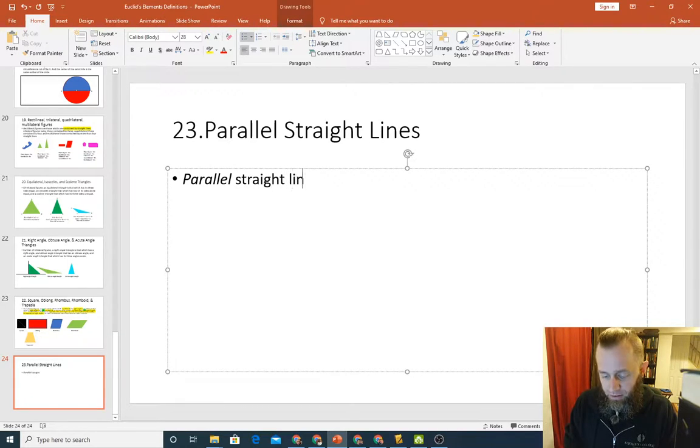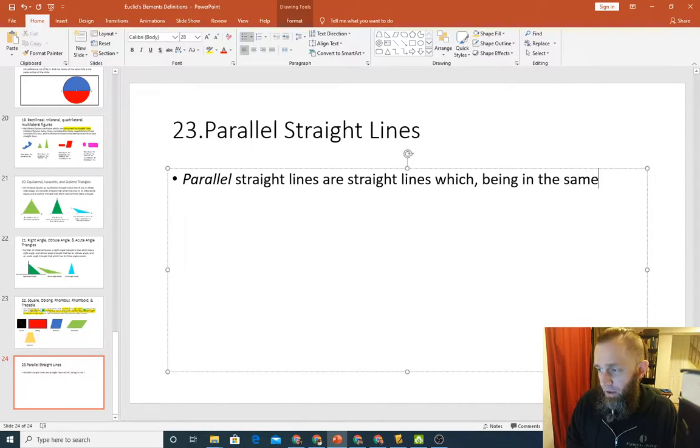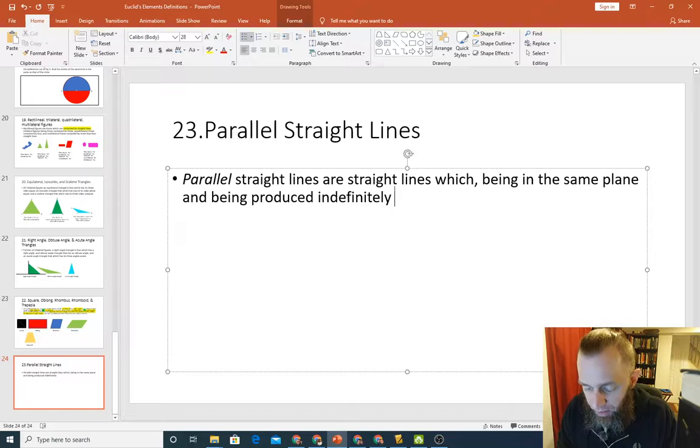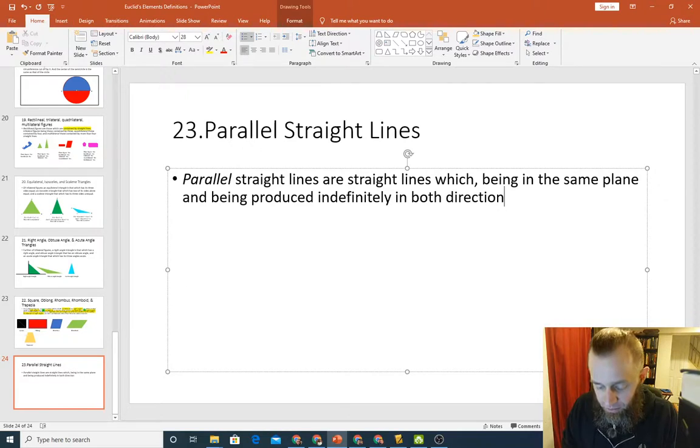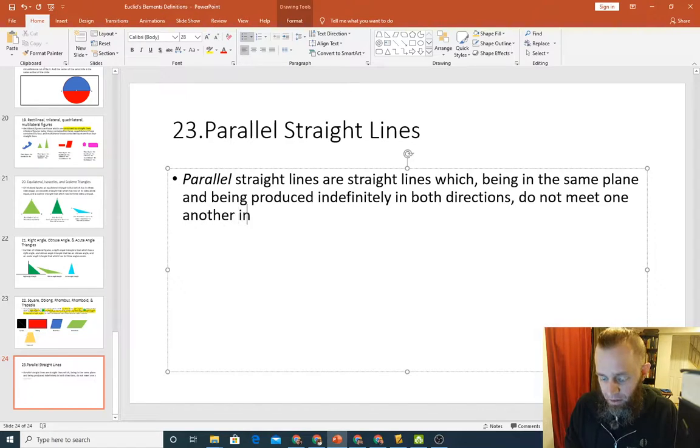Parallel straight lines are straight lines which, being in the same plane, okay, so far we need to be in a plane, we'll get back to our plane now, and being produced indefinitely, I'll explain that word in a second, and being produced indefinitely in both directions, that's going to be important too, do not meet one another in either direction.